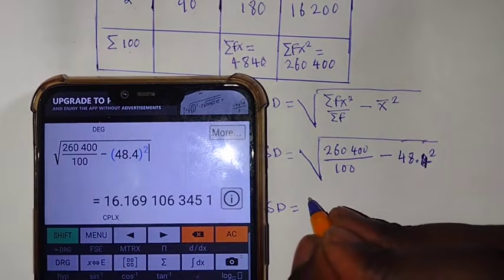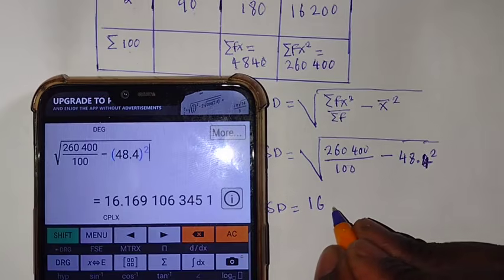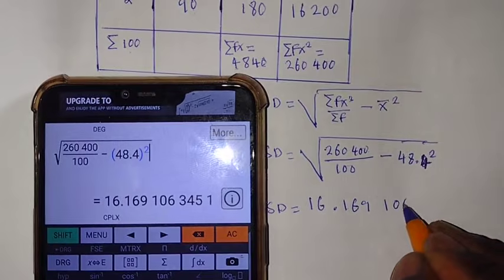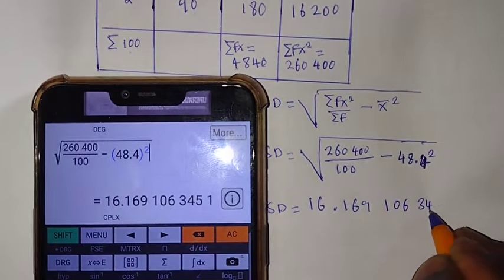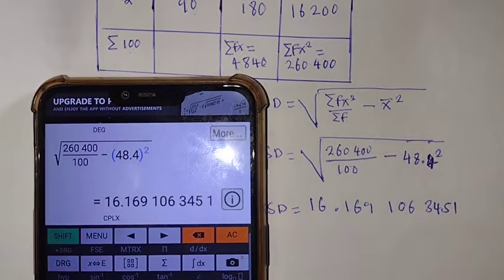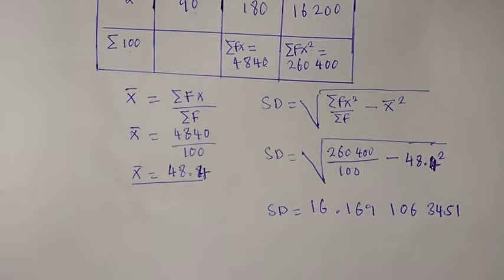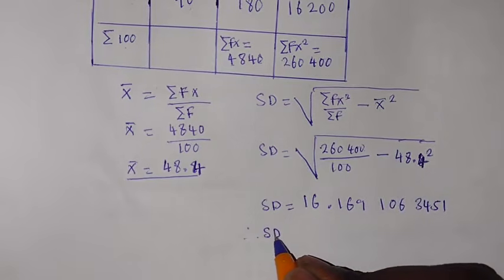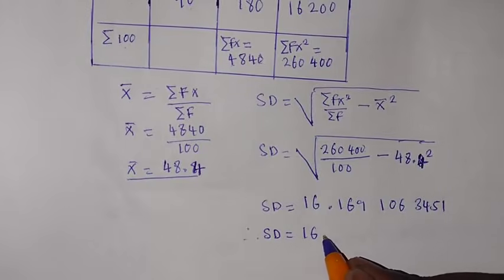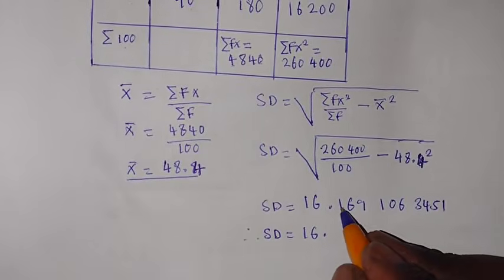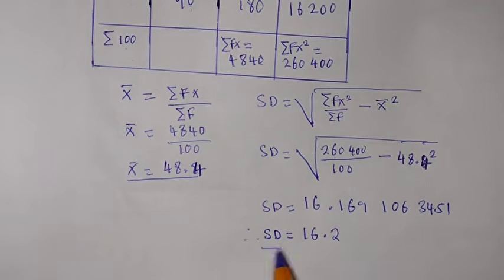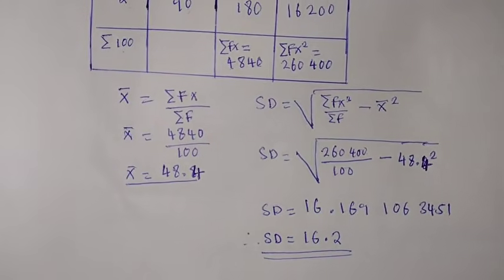It has given us the answer, which is 16.169106.3451. If the degree of accuracy is not specified in the question, leave your answer correct to 3 significant figures. So just say therefore standard deviation is equal to 16.2, because the 1 will be rounded up by the 6. So this was our standard deviation.